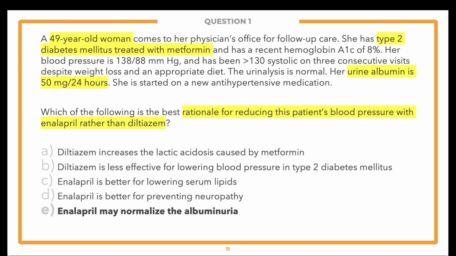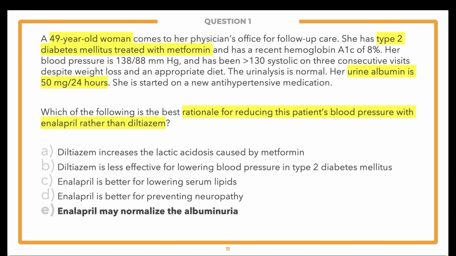The idea is that it reduces filtration, therefore it causes less albuminuria. And even the microalbuminuria you may have, it may reverse it or actually halt it. So your go-tos for diabetic hypertensive patients are going to be ACE inhibitors and ARBs, more particularly because it reduces the hyperfiltration that occurs from diabetes. And that's the big thing to focus on.